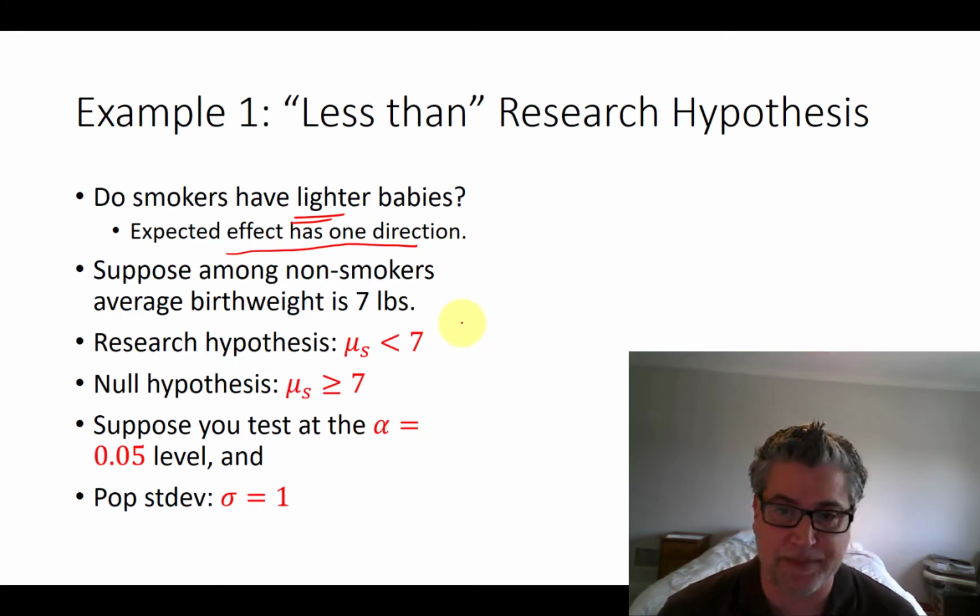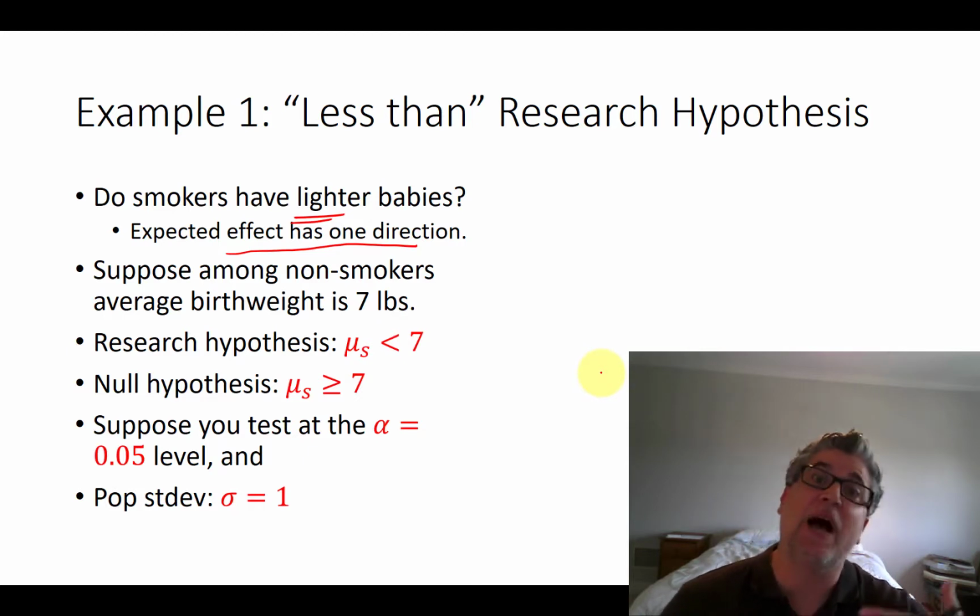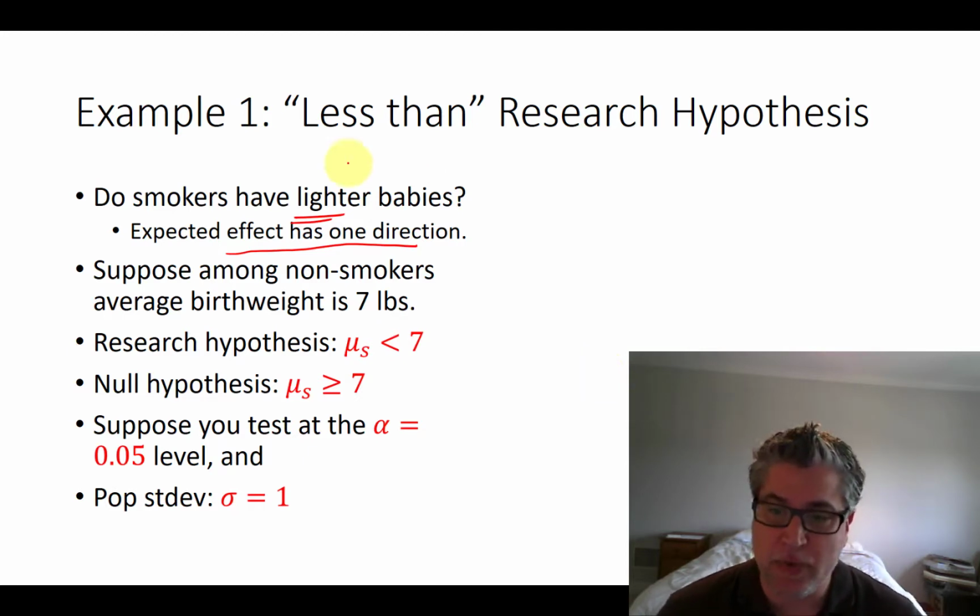Okay, so our research hypothesis then is that the average weight for smokers, I'm just going to call that mu for average and S for smokers, the average weight for smokers is less than the usual 7 pounds. The null hypothesis is then the opposite of that. So if mu sub S is less than 7, the opposite is mu sub S is greater than or equal to 7.